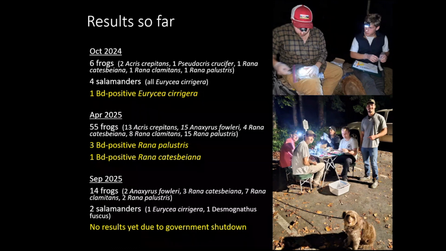And then among our frogs, we had three pickerel frogs positive and one bullfrog. So the other frogs that we have up there where we have not seen any positives would be cricket frogs, spring peepers, green frogs, and Fowler's toads.